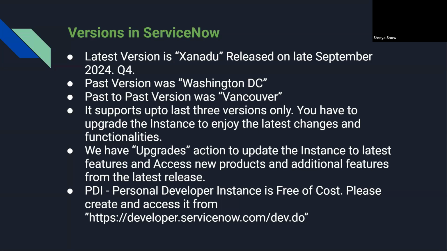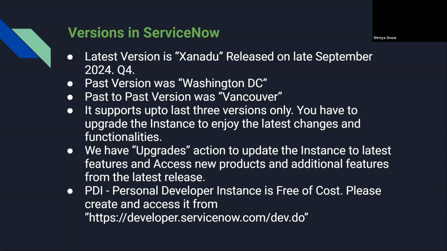And once there is a release in the market, you'll have release notes, and this release features information is available. So you'll have everything documented. You can just go through those documents and gain some knowledge, like what was the latest release, how we can implement it in our live projects. Okay, a past version is like Washington DC, and up to the last three versions only, ServiceNow supports.